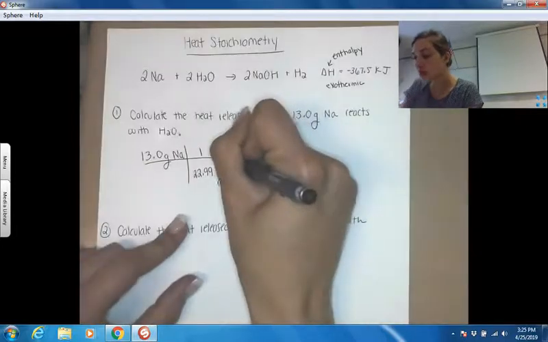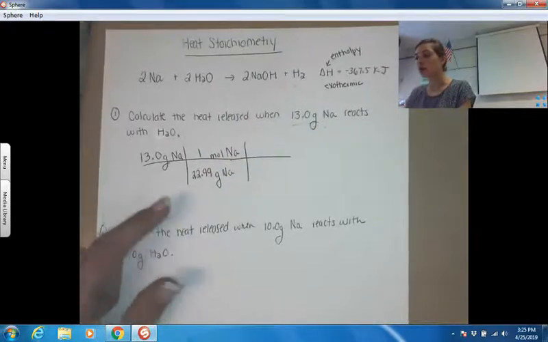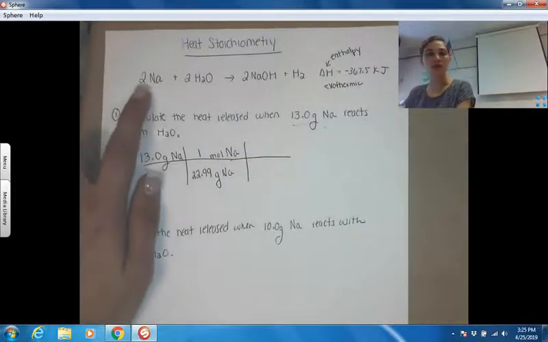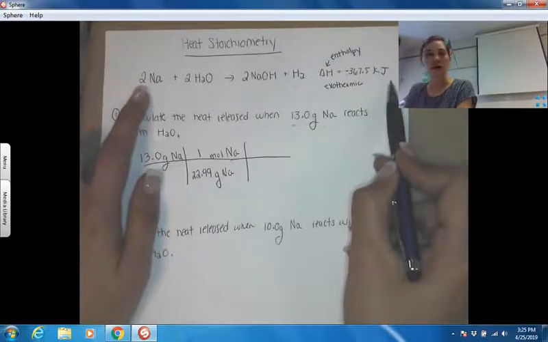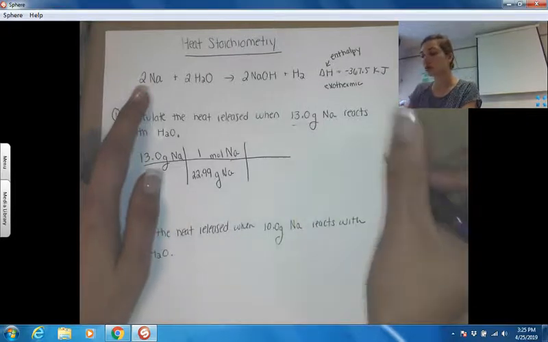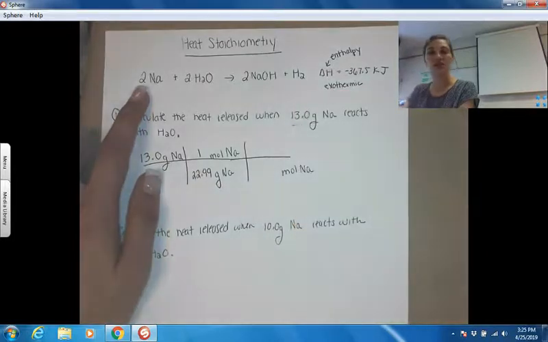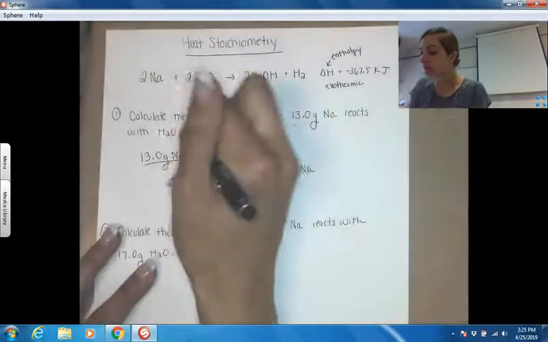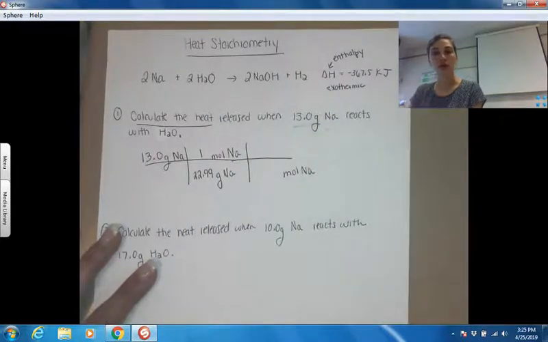So we're going to add on another conversion factor. We said that when we have 2 moles of sodium, it gives off this amount of energy. Just like we've always done, we're going to make sure that our units align, and we're going to put moles of sodium on the bottom, and this time the question is asking us to calculate the heat. Well, this right here is our heat, it's our energy.